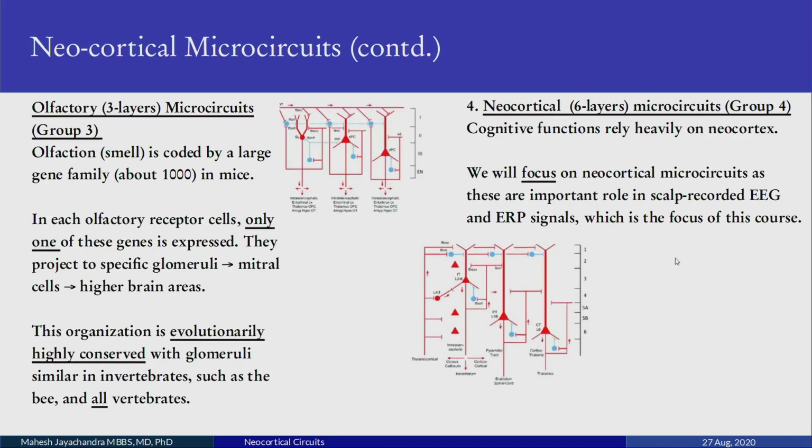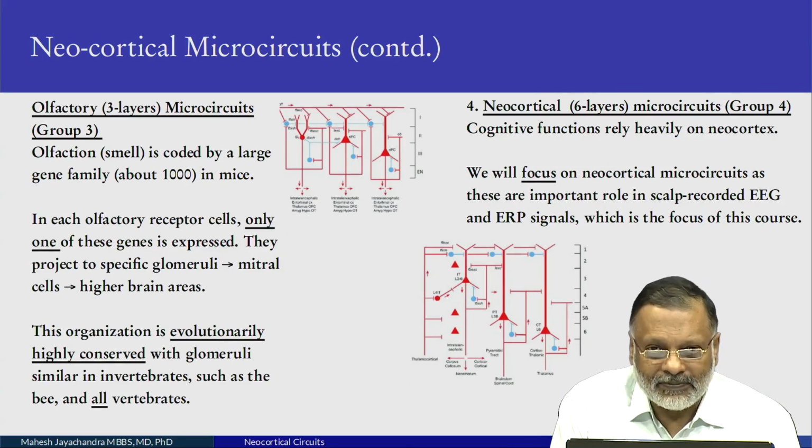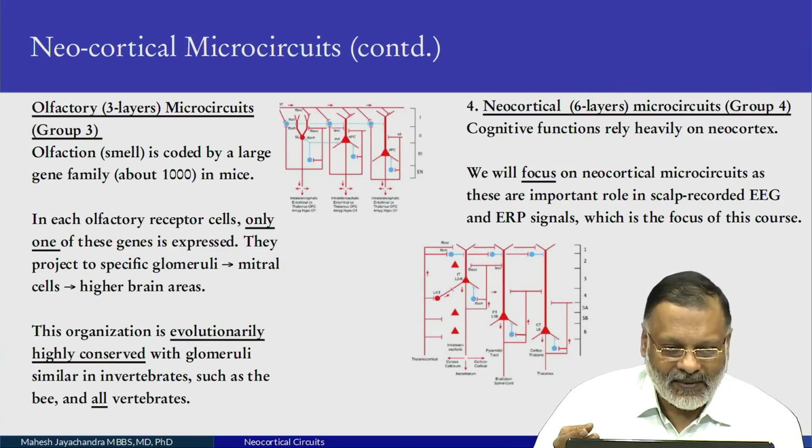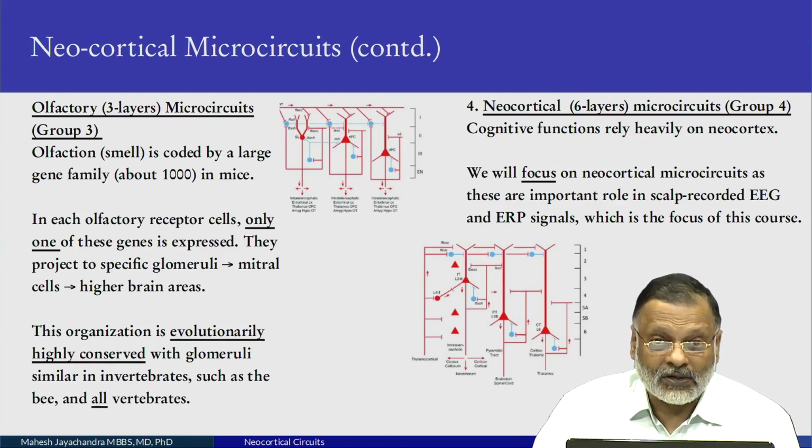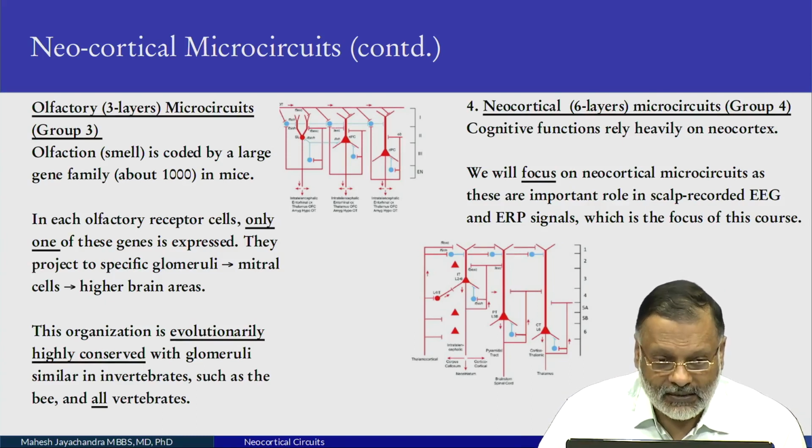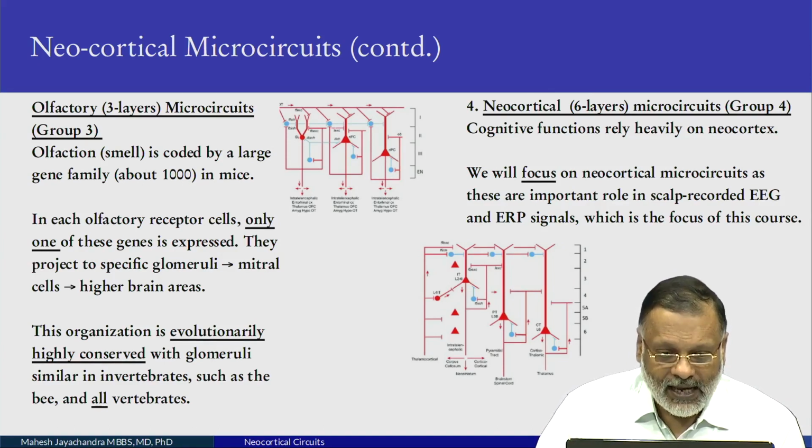Then we have the primitive brain, the smell brain, the part of the brain which we use to smell, the olfactory system. That's the primitive brain, and it has only 3 layers. It is encoded by a large set of genes, more than 1,000 in mice. In each receptor, only one of these genes is expressed, and they project to specific glomeruli, which is a higher order structure, then to mitral areas and to higher brain areas.